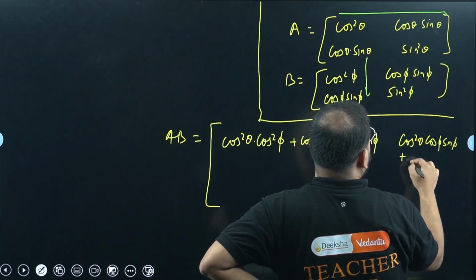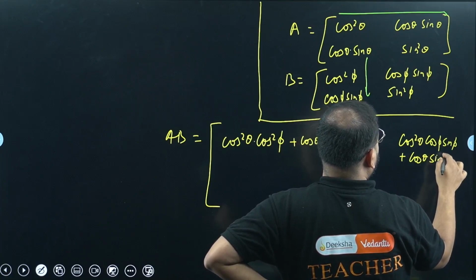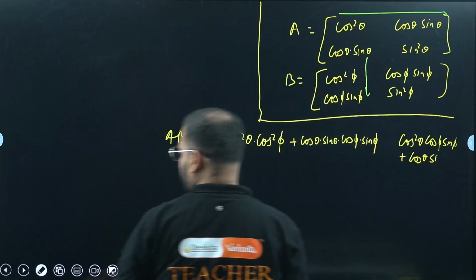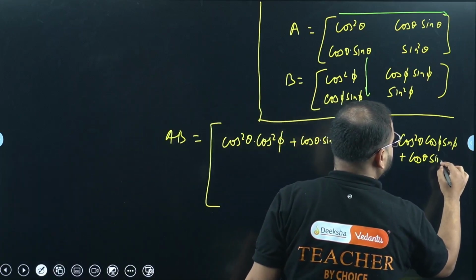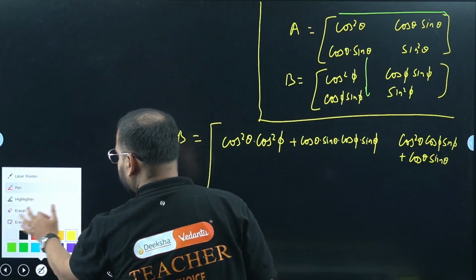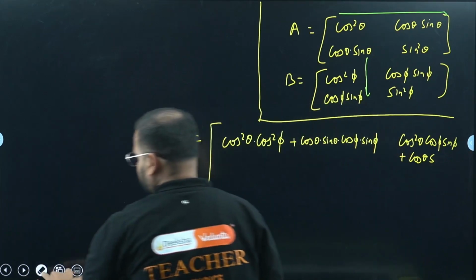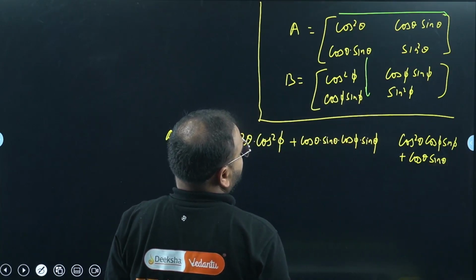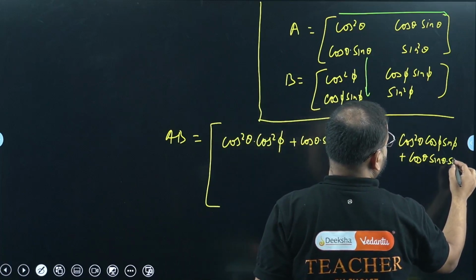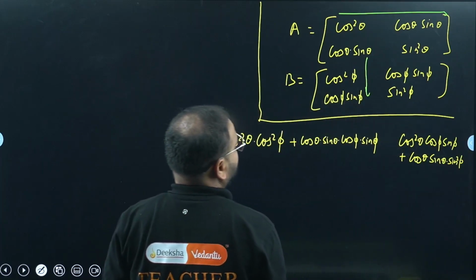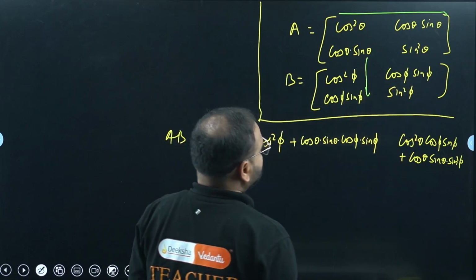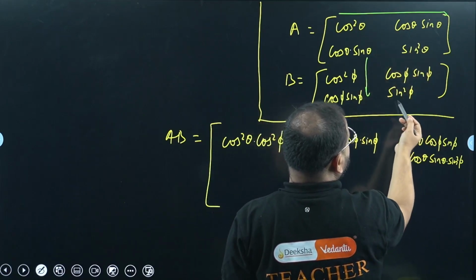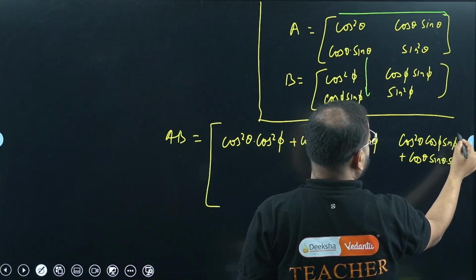Plus cos theta sin theta, sin theta not sin phi, sin theta with sin square phi. So first row with second column is also done. So cos square theta cos phi sin phi and cos theta sin theta with sin square phi. This is done.